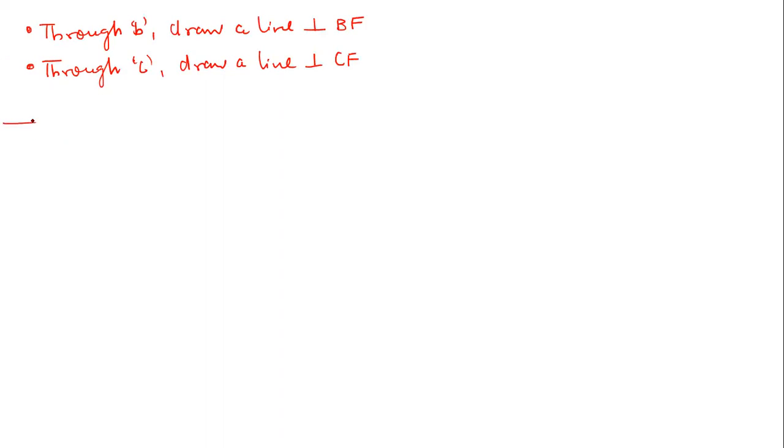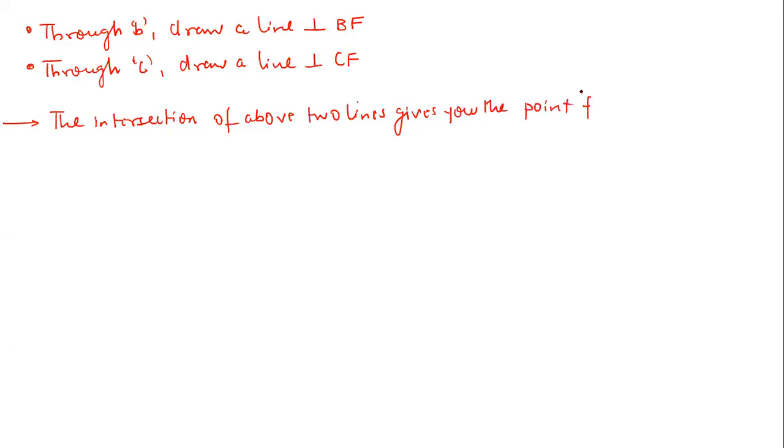Now the intersection of these two lines simply gives you the point F. Fine. Now the velocity of F, or you can simply say the absolute velocity of this point F, you can write down as VFA vector or simply VFD vector, whatever you wish. So it will be simply equal to AF vector.